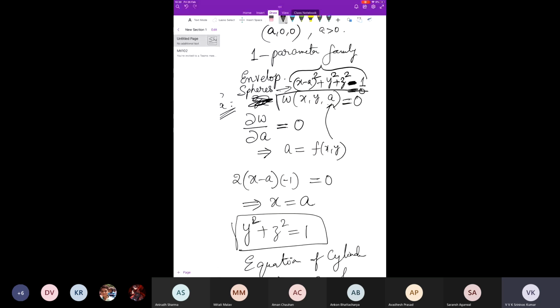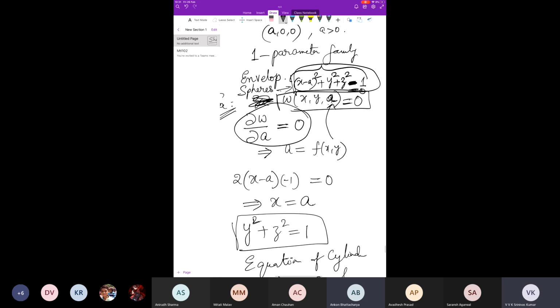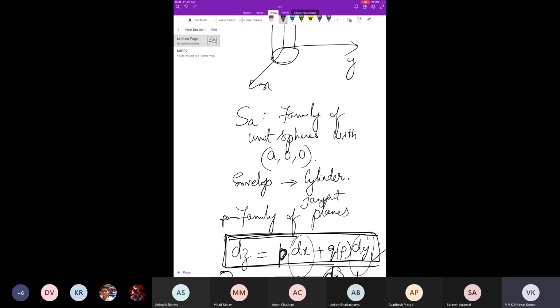One equation is the given family of surfaces. Another, because there is only one parameter, we can take as the derivative with respect to that parameter equal to 0. Okay, I get it. So here we differentiate with respect to p.